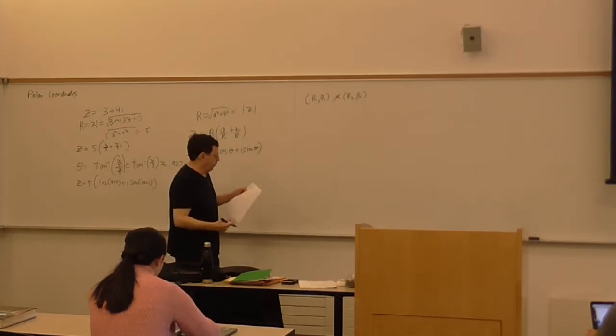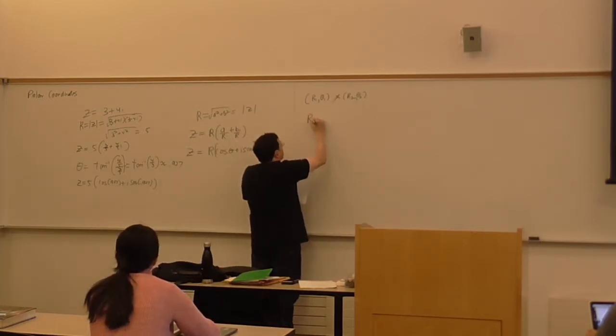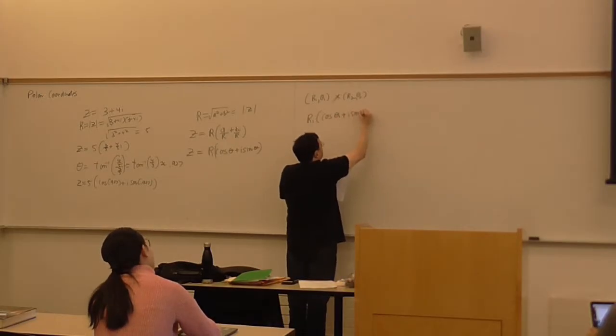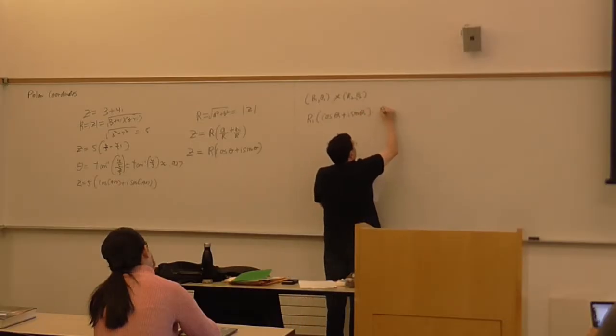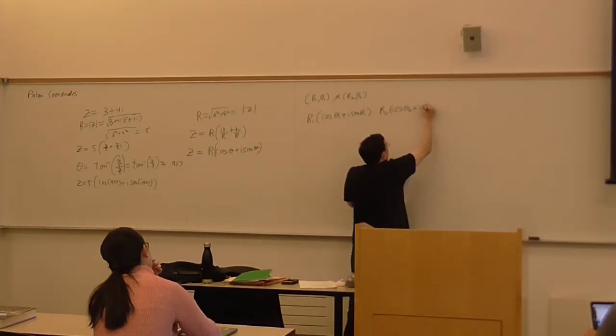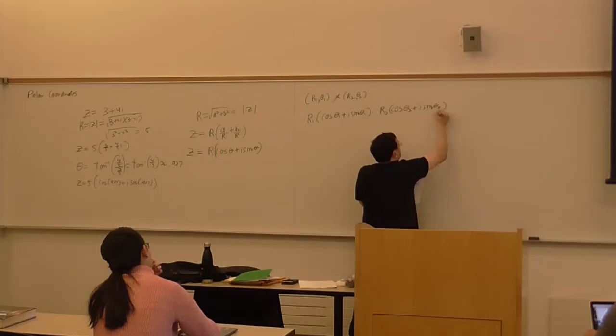So let's see how that works. r1 cosine theta 1 plus i sine theta 1 times r2 cosine theta 2 plus i sine theta 2.